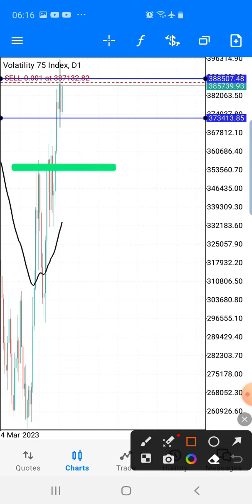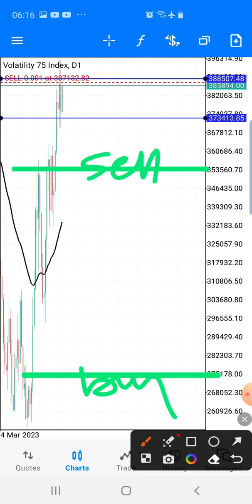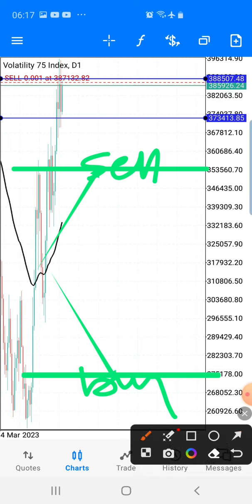They know that we are looking to sell at resistance and buy at support. So they already know everybody is waiting to buy here and everybody is waiting to sell here. What they will do is give you a reason to sell here, and also give you a reason to buy here. And when you do that, they will try to push out people with fake outs.